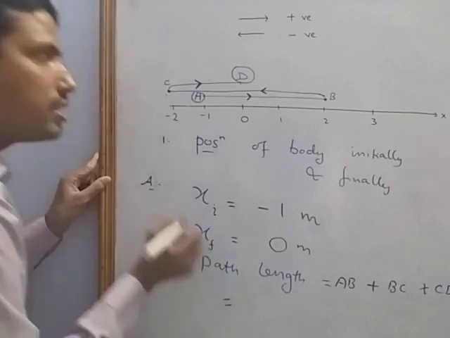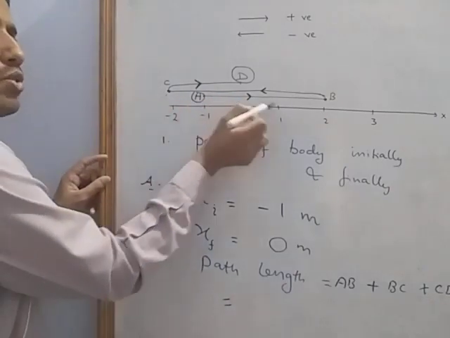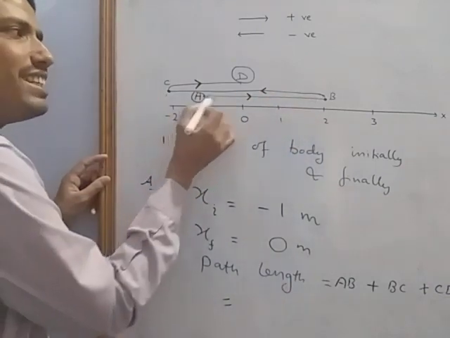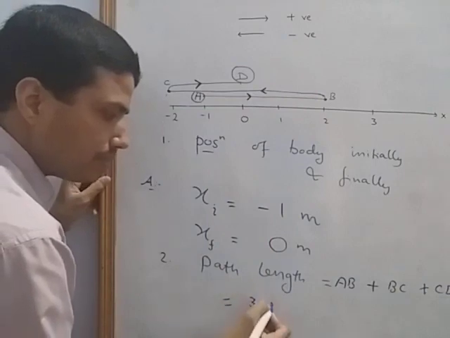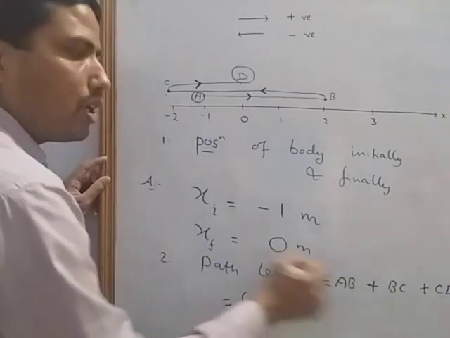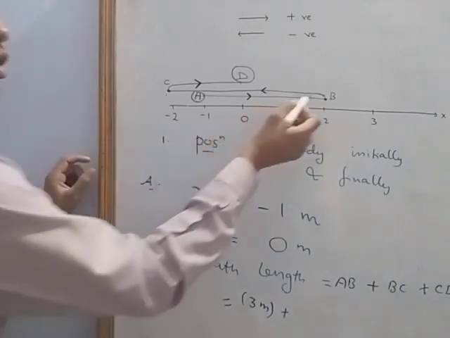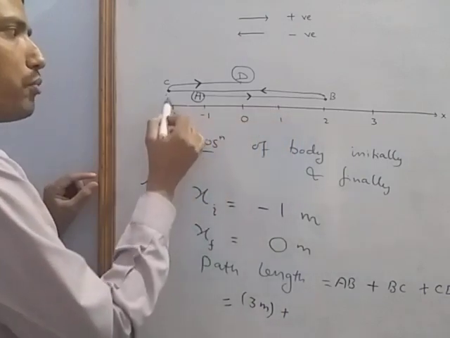Now tell me, students, what is the length from A to B? You have to count on the number line. 1 step, 2 steps, 3 steps. In units of distance, we'll write 3 meters. Next, we have BC. Can you tell me how much is BC? From B to C, you see 1, 2, 3 and 4.